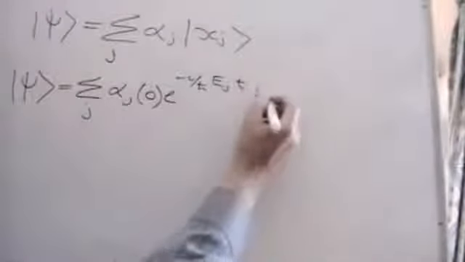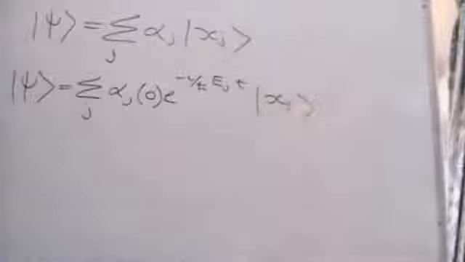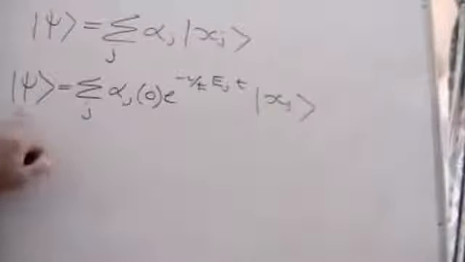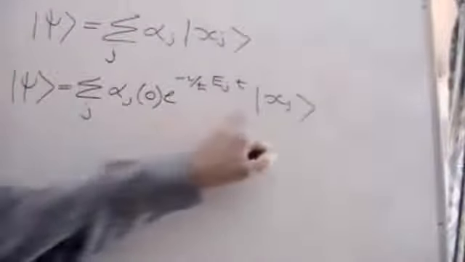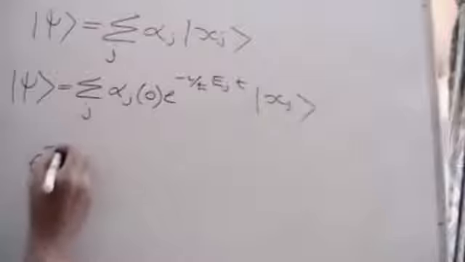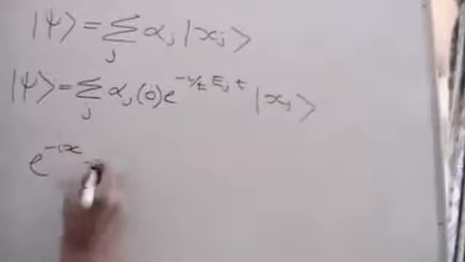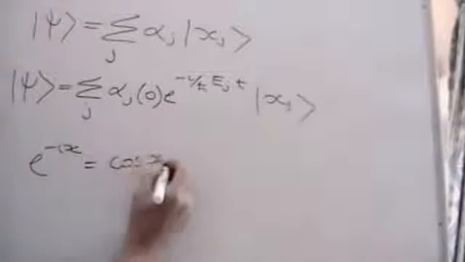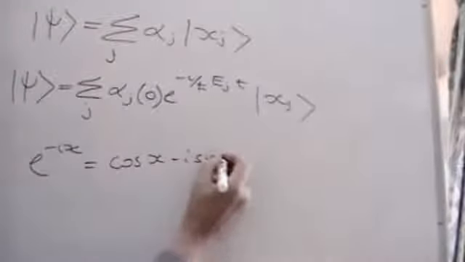And then, of course, you need the xj term at the end. And that shows you how this value of psi, the state, the eigenvector, the wave function, varies with time. And again, you can see why it's called a wave function now, because e to the minus ix is just the cosine of x minus i times sine of x.